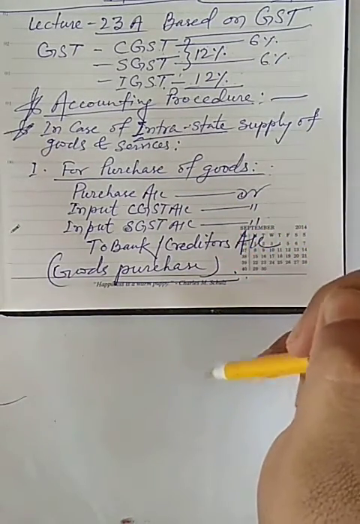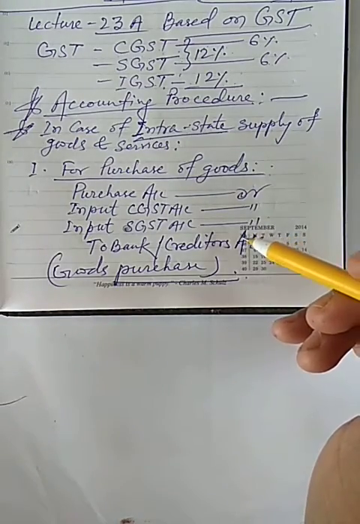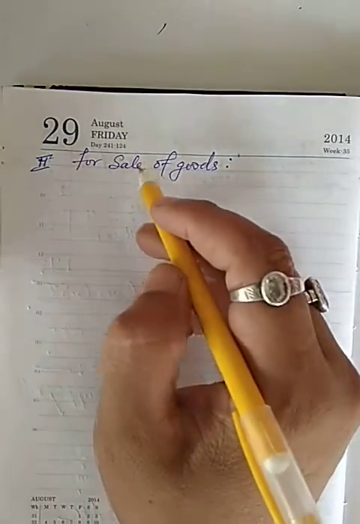Now the next journal entry, for sale of goods.